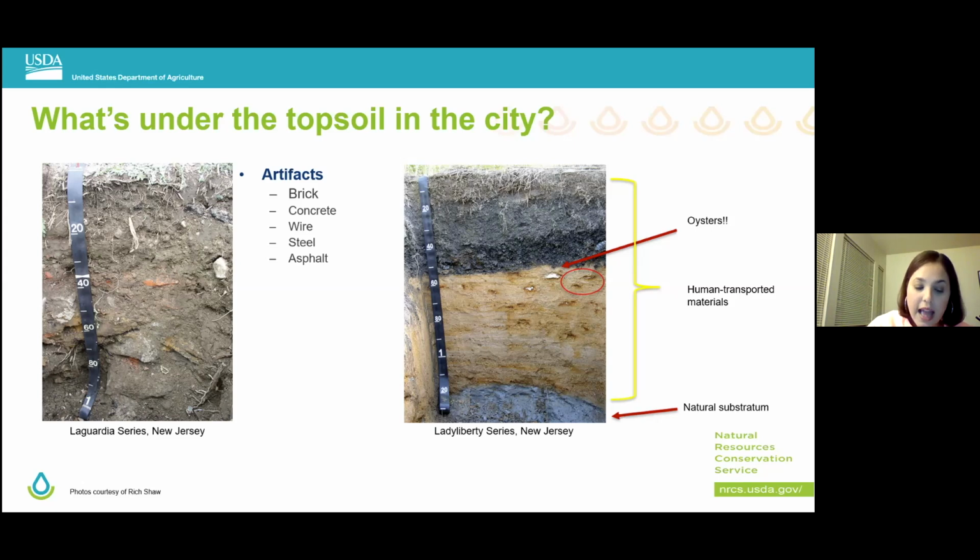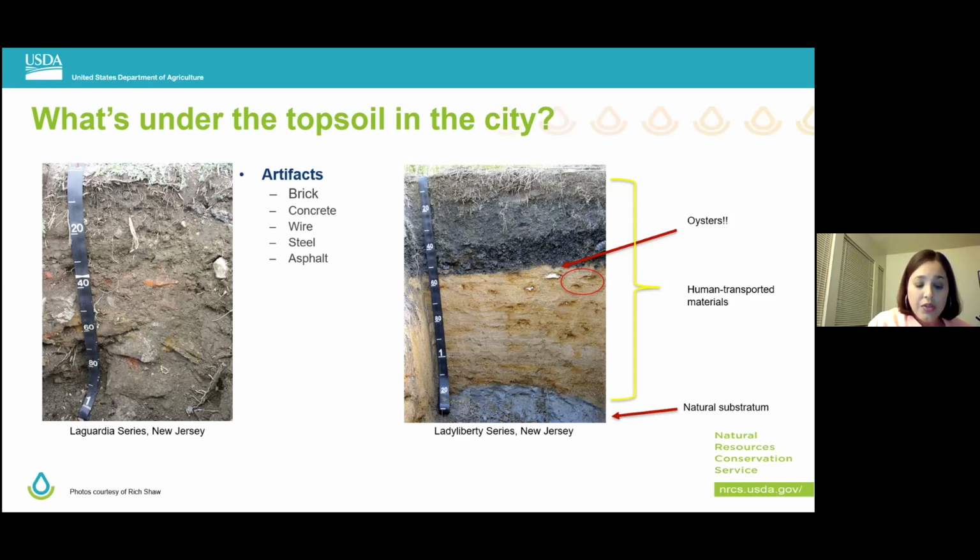It is coal slag with artifacts, and it's over a spoil deposit. The spoil deposit is where the oysters are, the yellowish color, over the gray natural soil. Look what they have created. Look at those colors. This is what we're doing to the soils in the city.